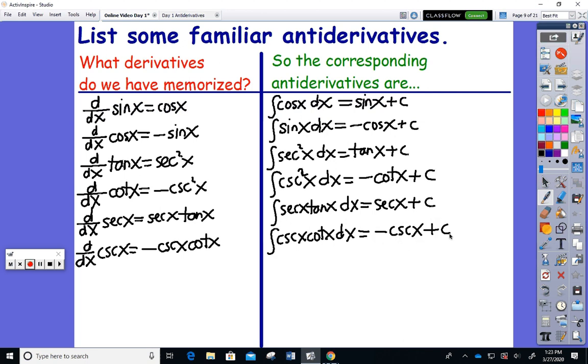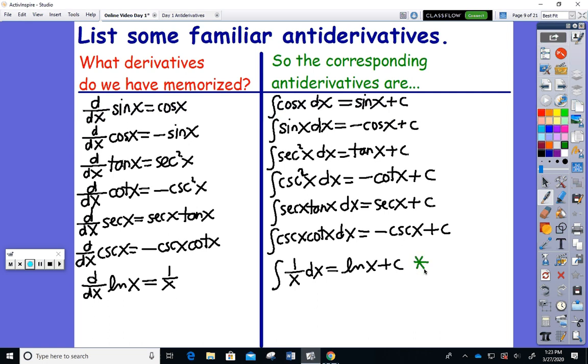Now, if you remember in the problem that we did in the first video, we said the derivative of ln x, that's one that I know, and that's 1 over x. So I'm going to say the antiderivative of 1 over x is ln x. But I need to kind of star this.